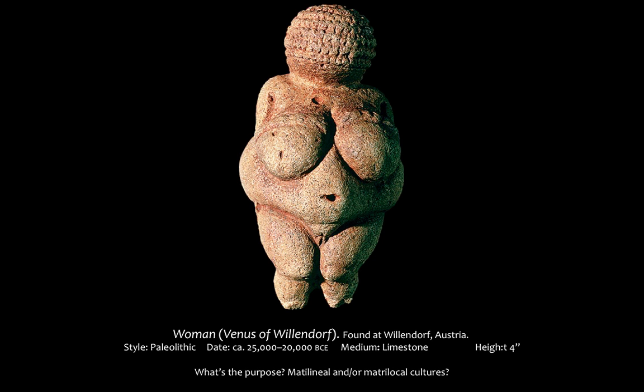What might be the purpose of a figurine such as this? Well, we know that it was colored red, and that's been suggested to represent the menses, or the fertility cycle of women. And certainly in the figurine, we don't have a depiction of the face. The face is kind of abstracted, but we do see small arms here that are covering over or resting on top of very large distended breasts.